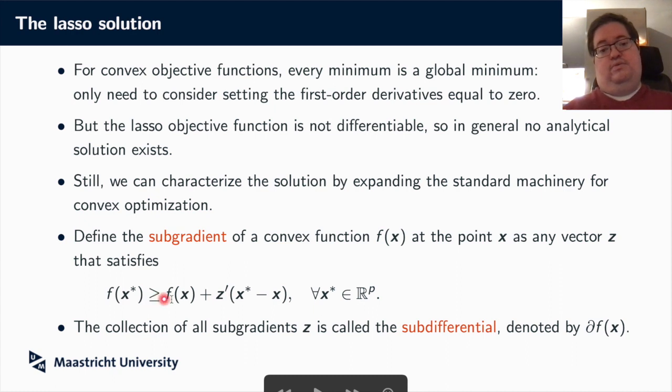Now, as you will see, if the function is differentiable, there's only one such set, and that's of course formed by the derivatives. But if we have convexity but non-differentiability, there can be multiple ones. And this collection of all of these sets is called the subdifferential, and we denote that with this symbol.